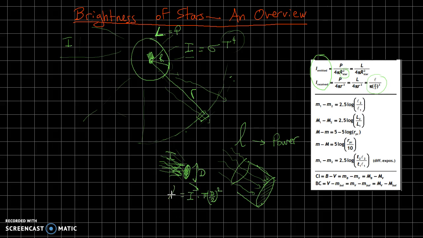So the intensity would be the apparent luminosity over the surface area. A synonym for apparent luminosity would be flux.